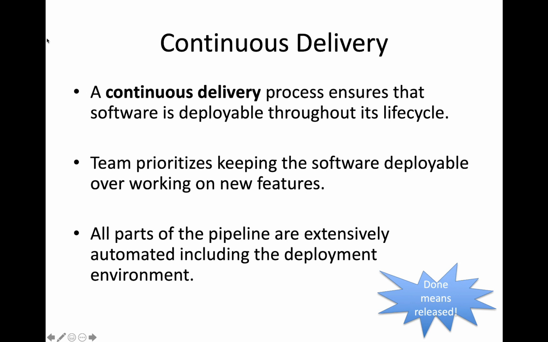If our software delivery pipeline is broken, then the team should stop building new features and identify what's wrong with the pipeline to keep the code flowing throughout our software delivery process.